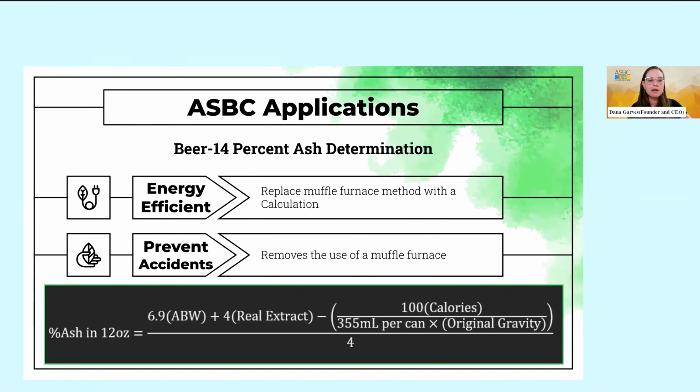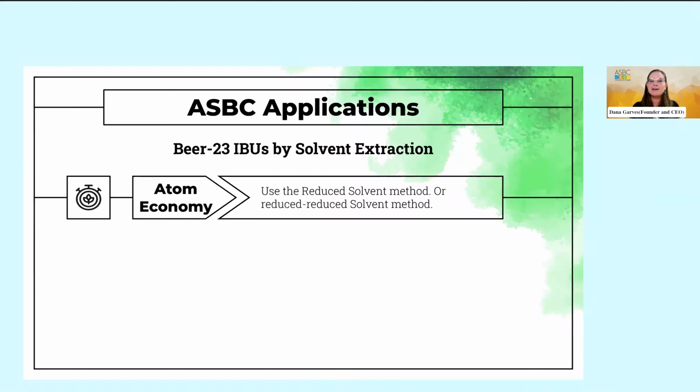Okay, we're going to spend quite some time on IBUs by solvent extraction because it has a bunch of areas that we can improve in terms of green chemistry. Now, one of the things that I highly recommend is switching from the regular method, which uses 50 milliliters of isooctane for extraction, and do what I do, which is go to the reduced solvent method.